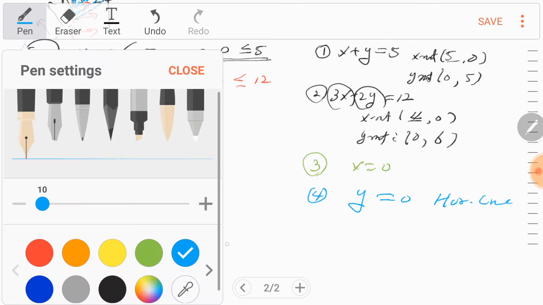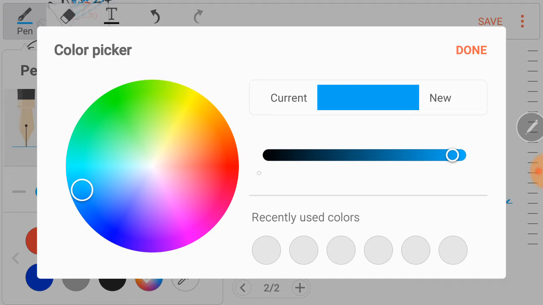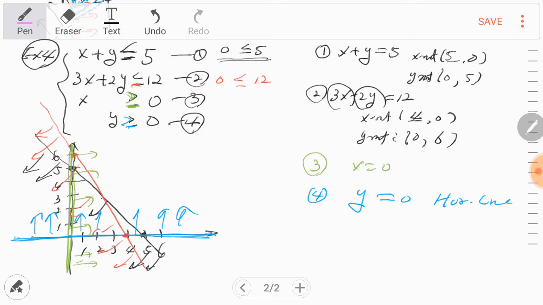Okay, then let's find the solution. Right of the green line, below the black line, below the red line, and above the blue line.